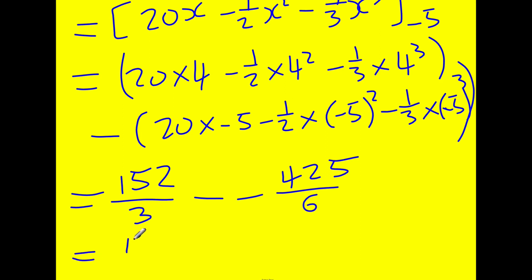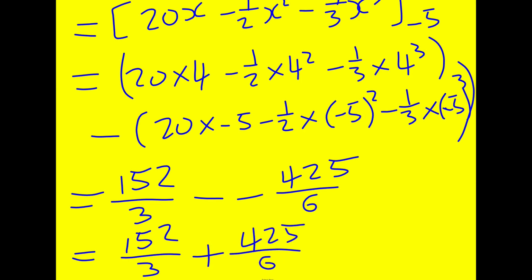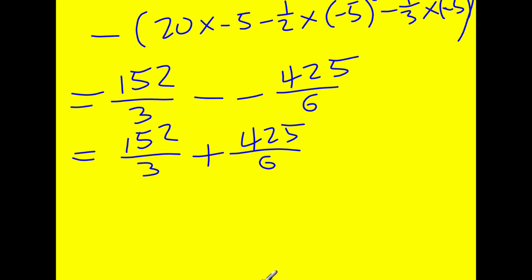So that's going to become 152 over 3 plus 425 over 6. Remember, we're always putting a minus here, so if you then get a negative from your integral, which can happen, then you need to do a double negative. Okay, my final answer turns out to be not too bad, 121.5.